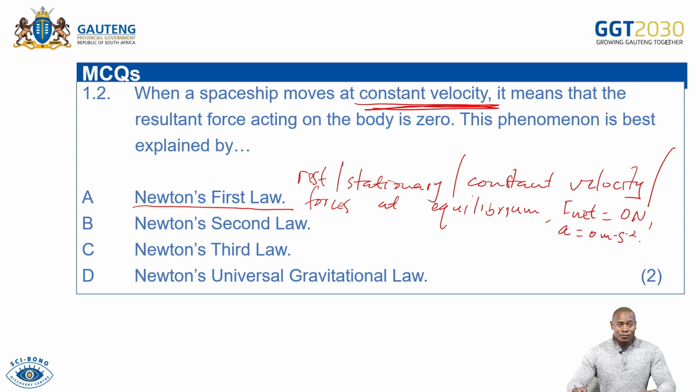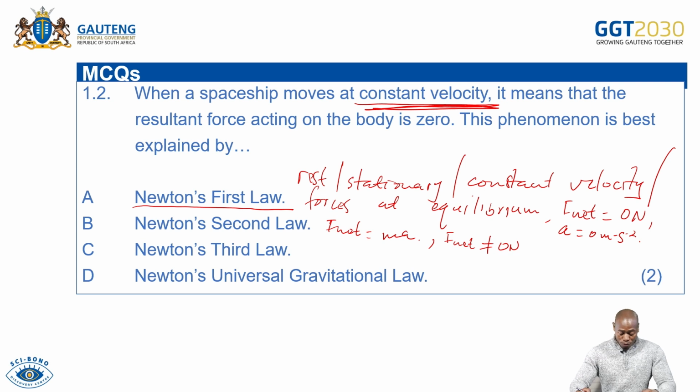To the mass of the object. So when it comes to Newton's second law, an object is accelerating. And if an object is accelerating, the net force acting on that object is equal to what? Ma. Okay? So net force equals ma. It means that here the net force is not equal to 0 newtons when it comes to Newton's second law. The object is accelerating.